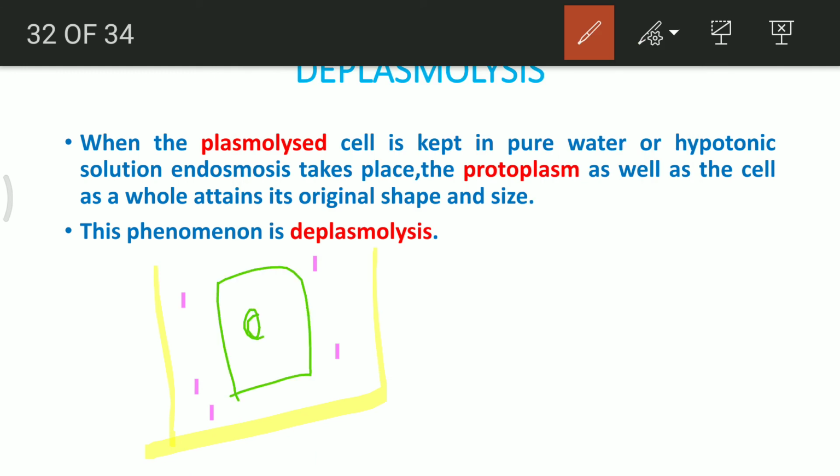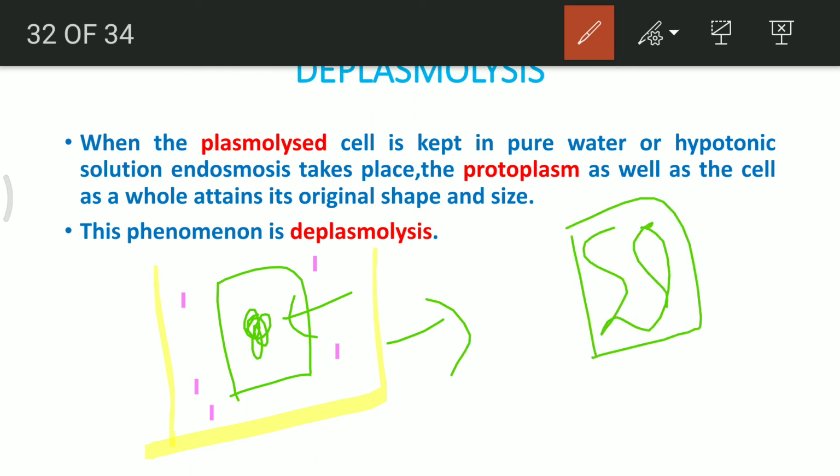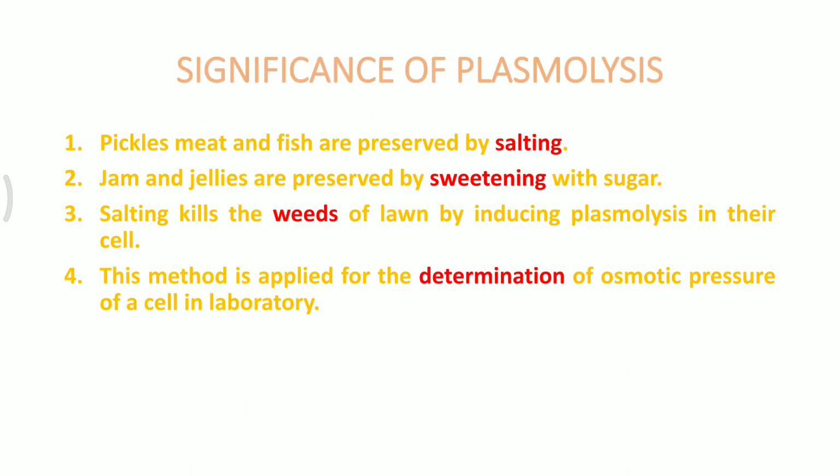So the already shrunken plant cell will get a lot of water molecules, and because of that it will again swell up, such that all the cellular content will be exposed, or it will become completely extended and bloated, and the cell will regain its previous condition.